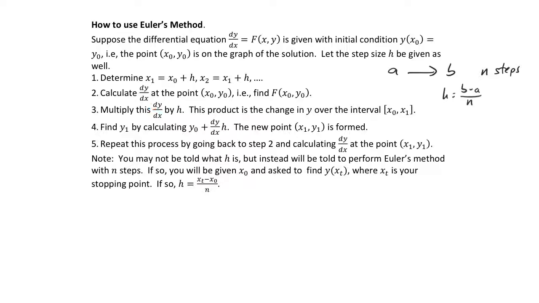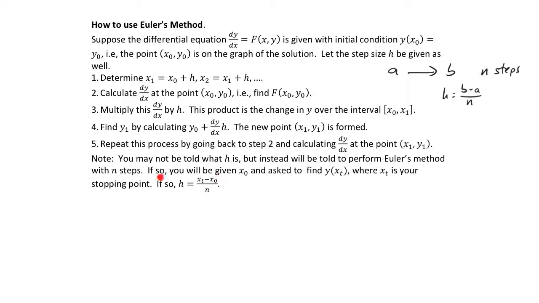So we'll multiply those two together. This will tell you how much y changes by over that first interval. Then you find y1. Since we know how much y changes by, we'll add y0 to that particular change. That will be y1. And then we keep doing this until we reach our desired value. Okay?